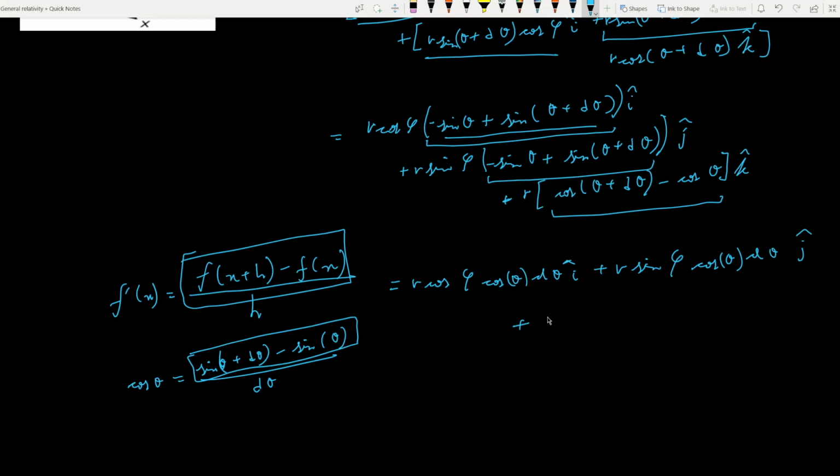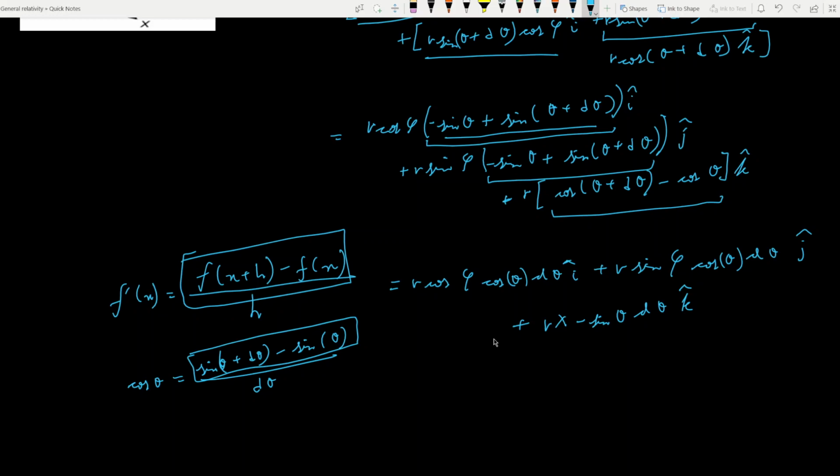We can write that as r into, this is basically the derivative of cosine theta. So what's the derivative of cosine theta? Well, it's minus sine theta d theta, because we don't have that infinitesimal length in the denominator, so we're multiplying by d theta, and then this is in the k hat direction.